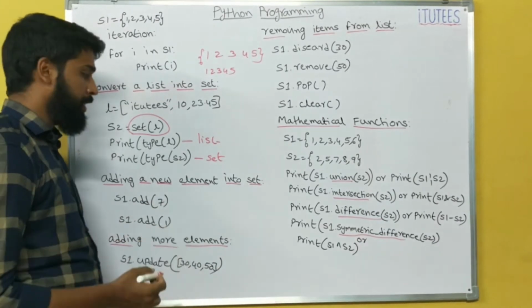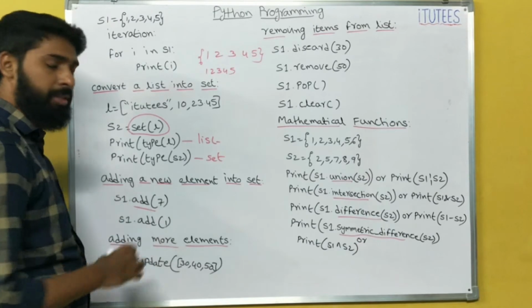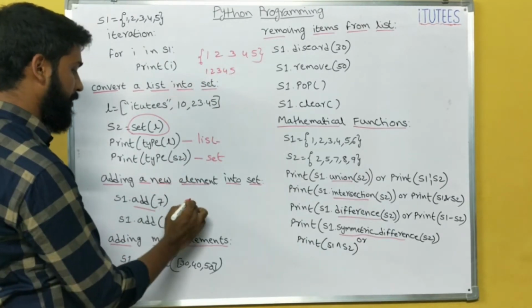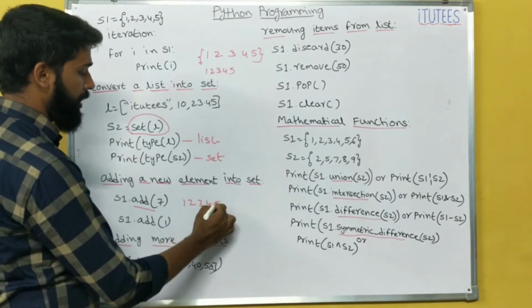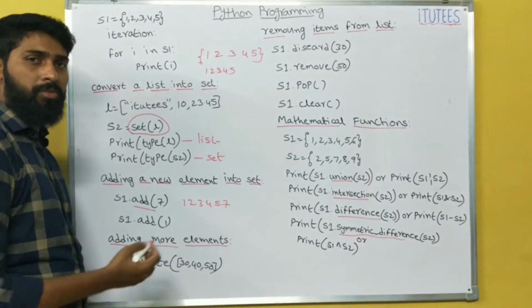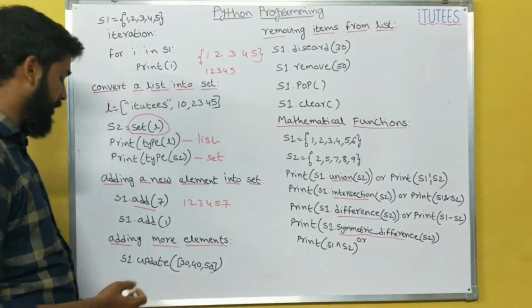Adding a new element into a set. We can add new elements by using the add method. Simply say S1. What is S1? 1, 2, 3, 4, 5. So S1.add(7) changes it to 1, 2, 3, 4, 5, 7. It's not exactly like this; the order will change. Why? Because a set is an unordered group of elements.